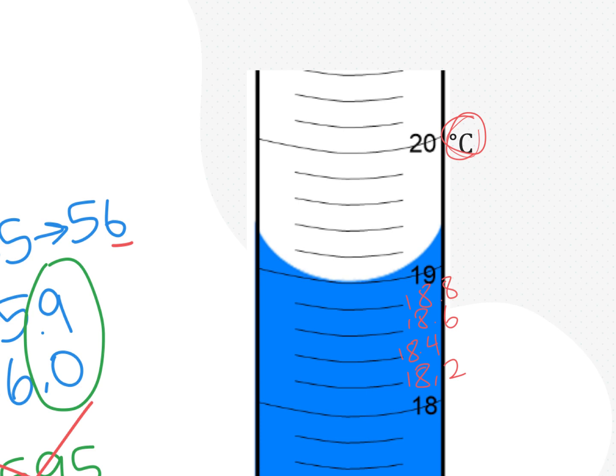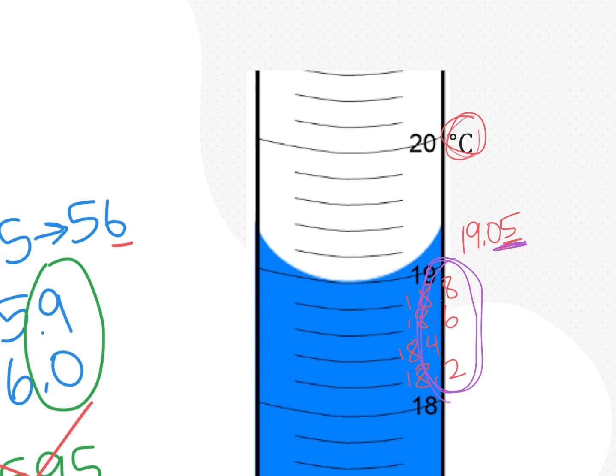And so here I'm going to guess that this is 19.05. I'm sorry, two places past the decimal there, because my measuring instrument is measuring to one place past the decimal. So I can read the lines that are one place past the decimal, and I'm going to guess the second place past the decimal.